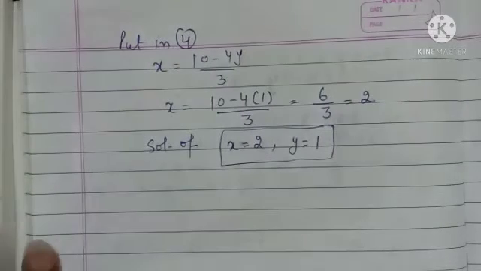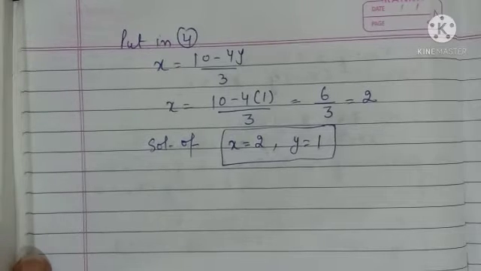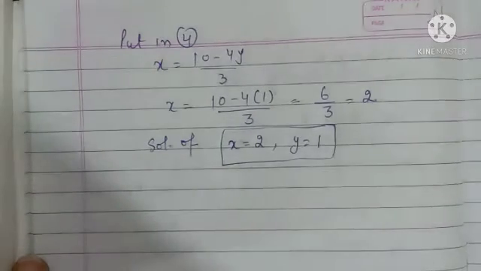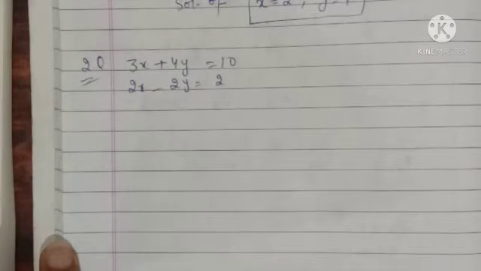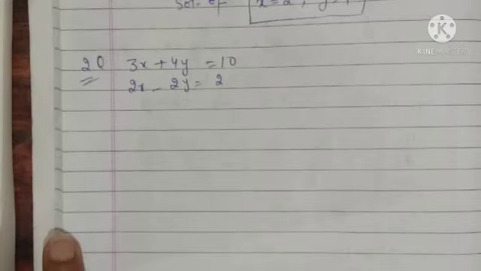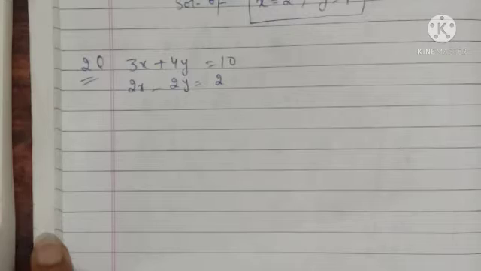Now let us solve the same question with the other method, that is the elimination method. So let's start. In this method, I have to equalize the coefficients either of x or of y, so that I may eliminate one of the variables, either x or y, to get the value of the other variable.